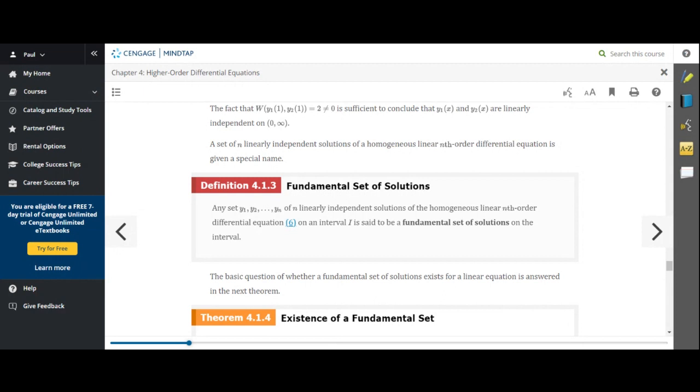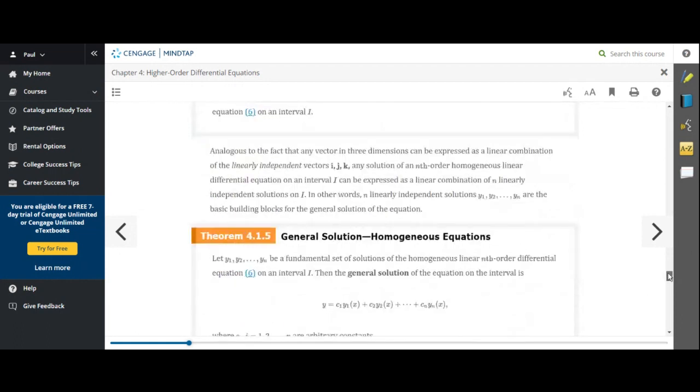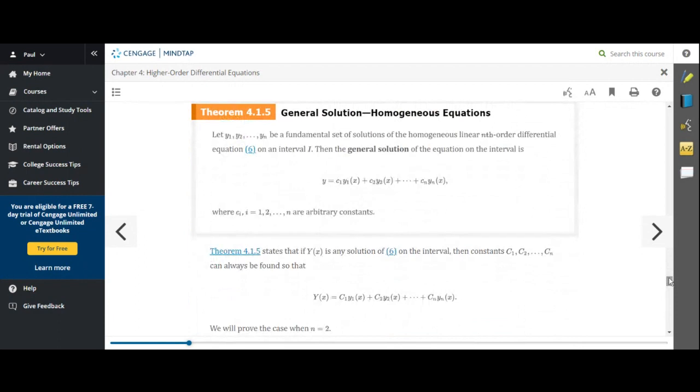And why is this important? Let me show you. I know why it's important, but I'm trying to get to the right theorem. It's theorem 4.1.5, that's the one. What's the general solution to a homogeneous differential equation?